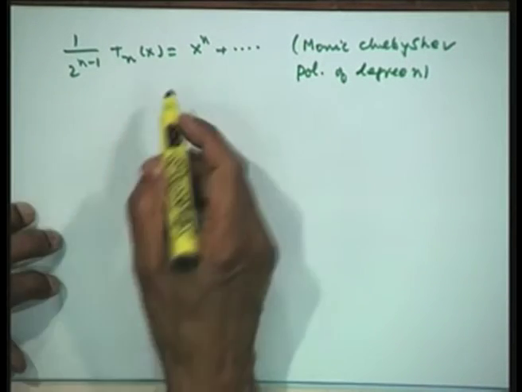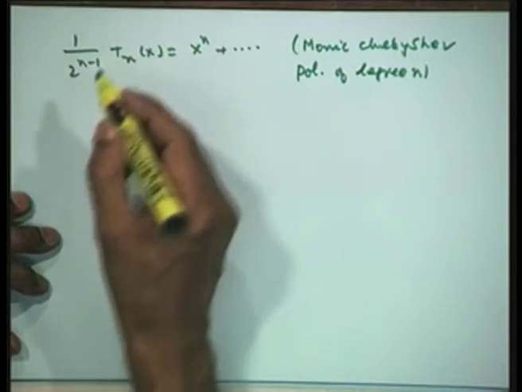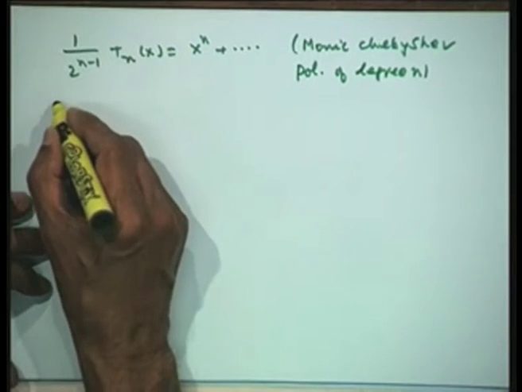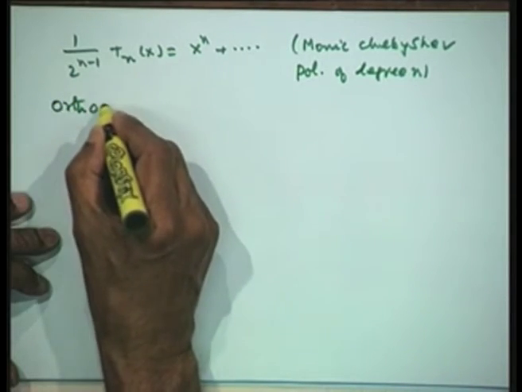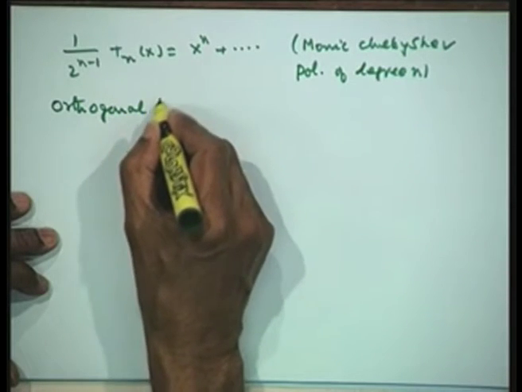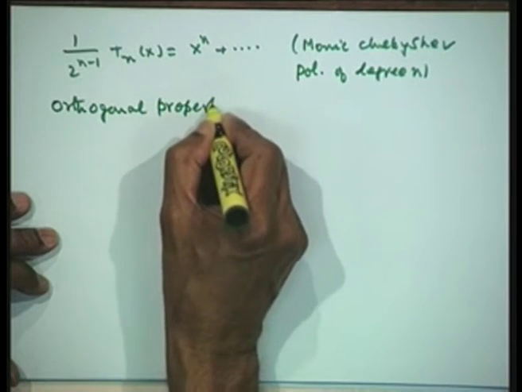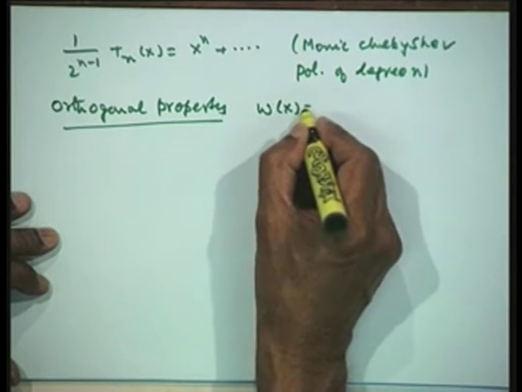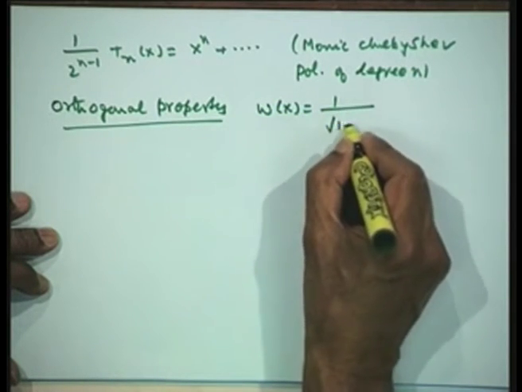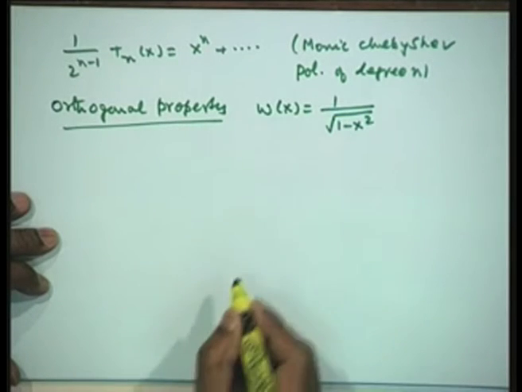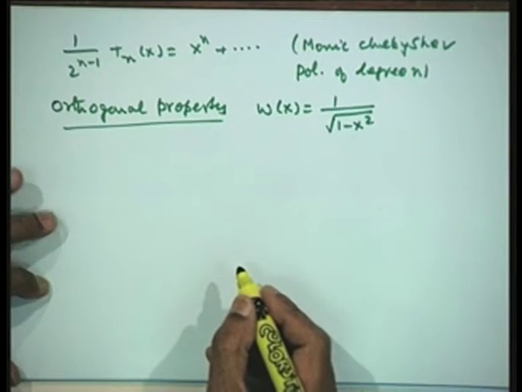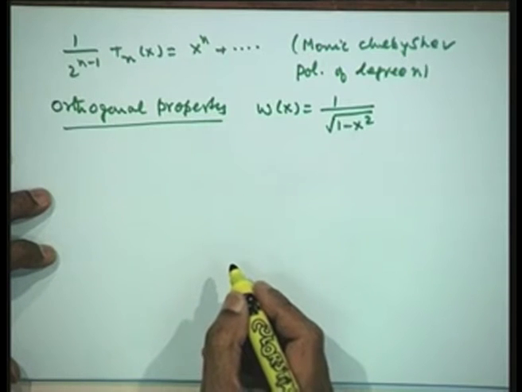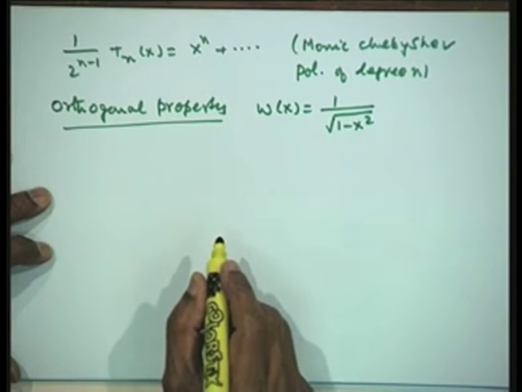Now, before I mention where I am going to use it in a moment, let us just also write down what the orthogonal property is. The weight function for Chebyshev polynomials is 1 upon under root 1 minus x squared. So, the weight function for Chebyshev polynomials is not a constant, but it is this particular form.